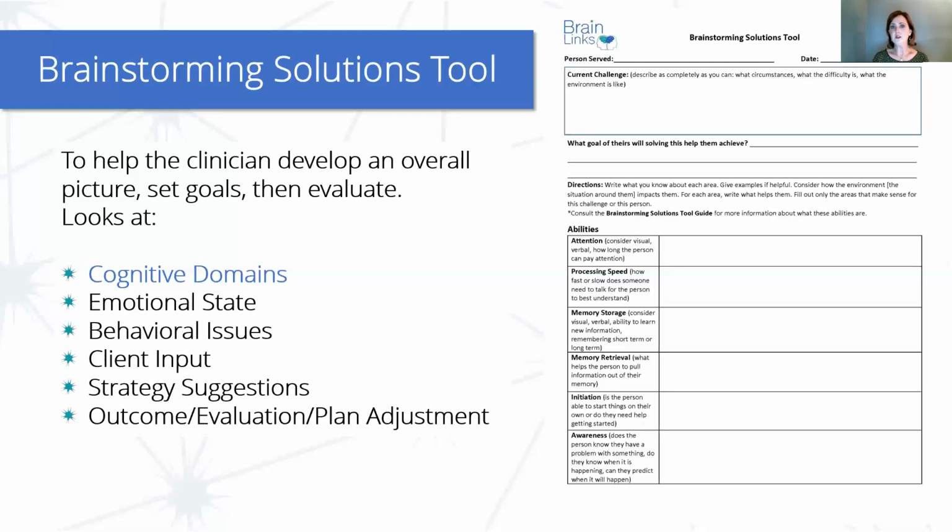First, you're going to put the person's name and the date and the current challenge that you're working on. So maybe they're having trouble with a specific behavior. Maybe there's a specific goal or task that they'd like to meet that's causing a challenge for them and for you. And you want to write that out in the current challenge section.